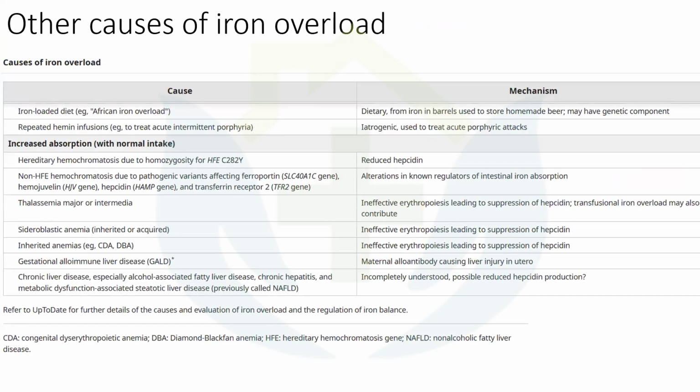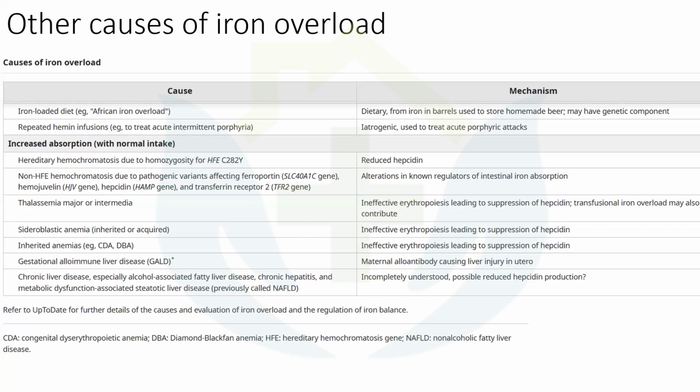Next. So these are the other causes of iron overload. Apart from hereditary hemochromatosis, we can see it when the dietary intake of iron is more, or with heme infusion, which is the treatment for acute intermittent porphyria. In those cases there is a chance of iron overload.